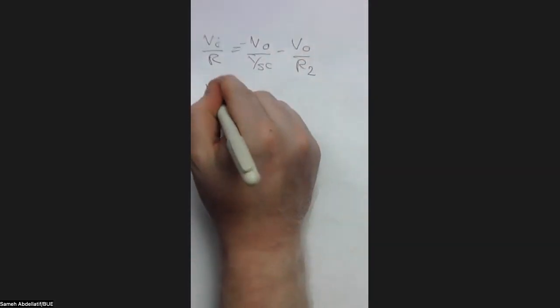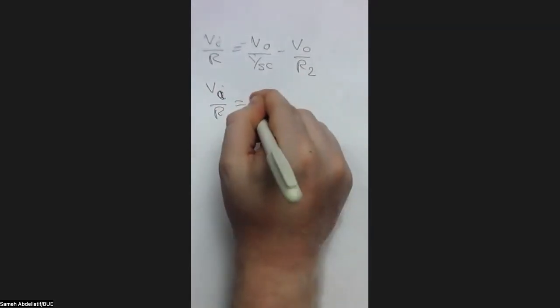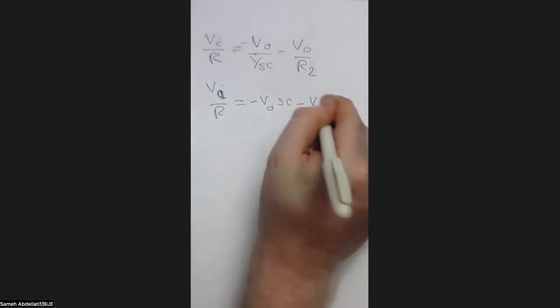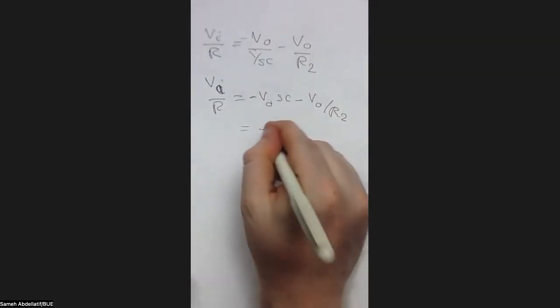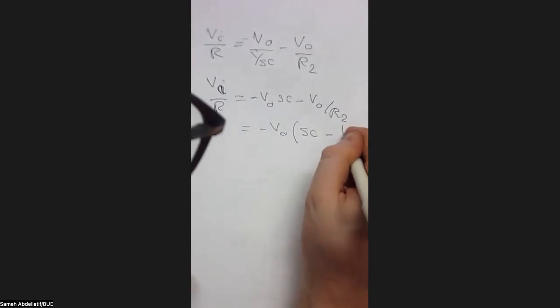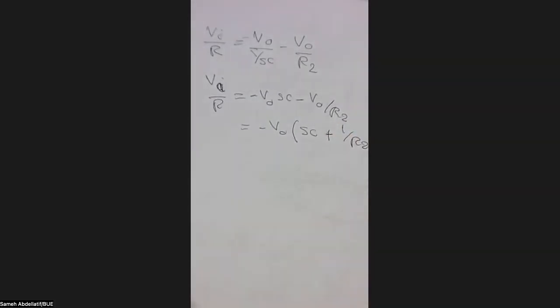So V input over R equals negative V output SC, negative V output over R2. Or it should be negative V output times SC minus 1 over R2. Oh, sorry, plus, this is plus 1 over R2.